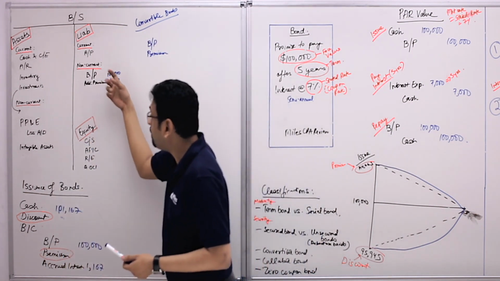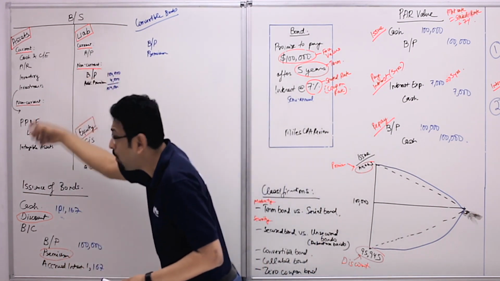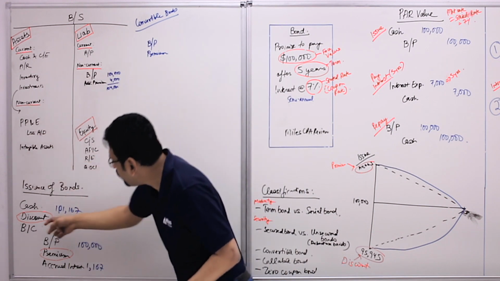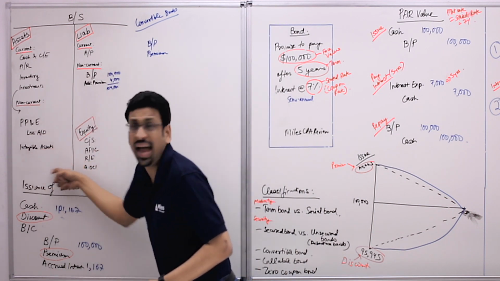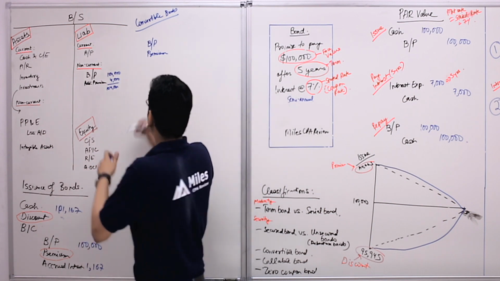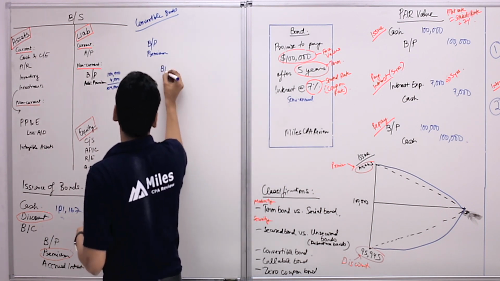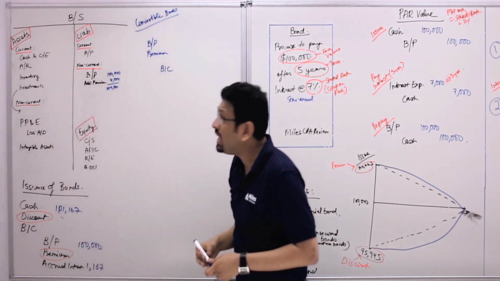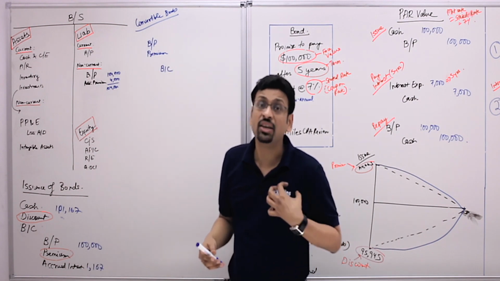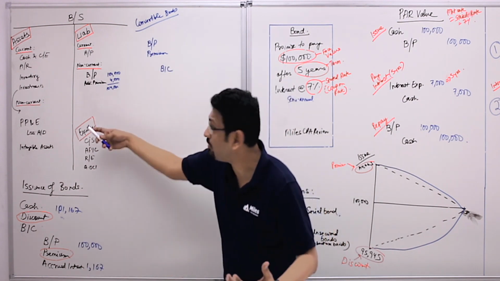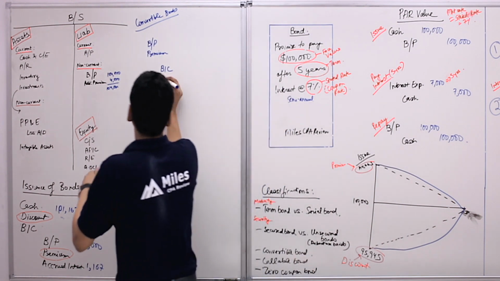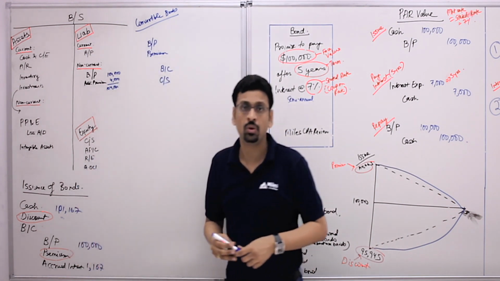Now if you have some costs associated with this bonds, the bond issue costs, they were debited, they were there as other assets here. Now you need to get them off, so you need to credit them. What are you giving in exchange? We are giving them equity stock in exchange. We are giving them our equities. So we'll have common stock given out.